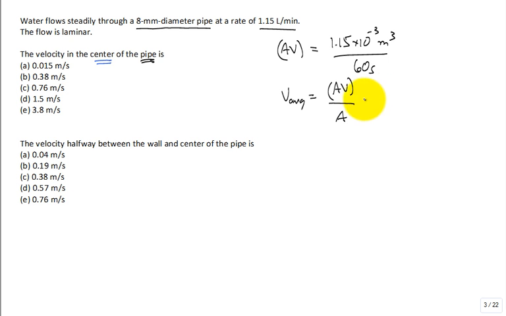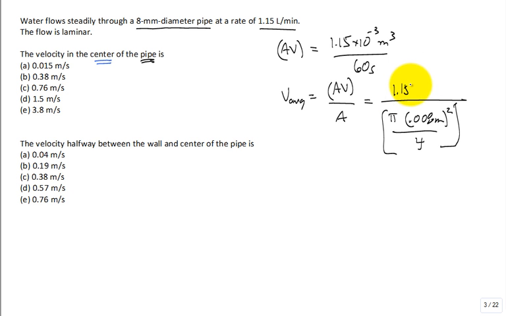So the area is pi times 0.008 meters squared divided by 4, and the volumetric flow rate 1.15 times 10 to the minus 3 meters cubed per 60 seconds, is 0.38 meters per second. What is the speed or the velocity in the center of the pipe?